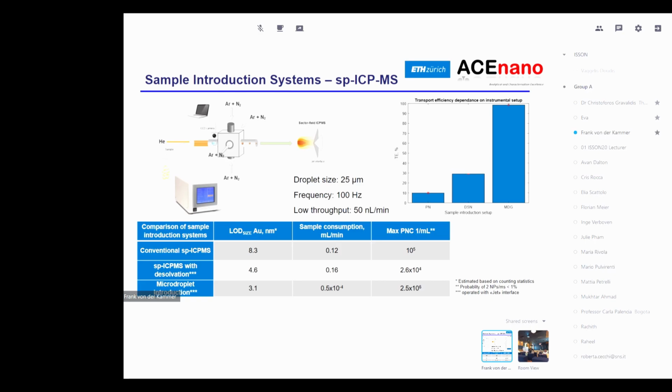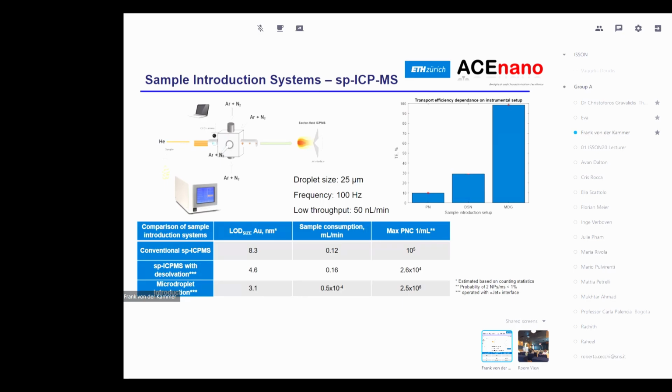Now we are coming to the section of single particle analysis and laser ablation single particle analysis based on ICP-MS techniques. The partners from ETH Zurich have developed a new sample introduction system that is distinctively different from the normal pneumatic nebulization and spray chambers, and also the desolvation systems that are currently used in ICP-MS and also single particle ICP-MS.